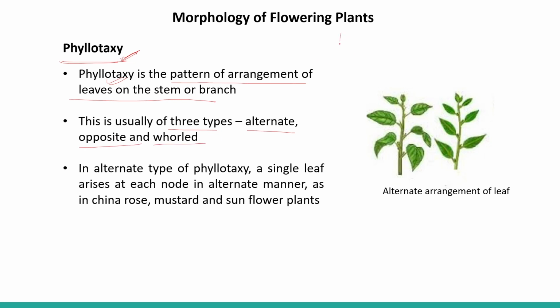So as the name indicates, suppose this is a branch or a stem and these are the leaflets. These are the leaflet arrangement like this. Now I'm drawing one more arrangement.